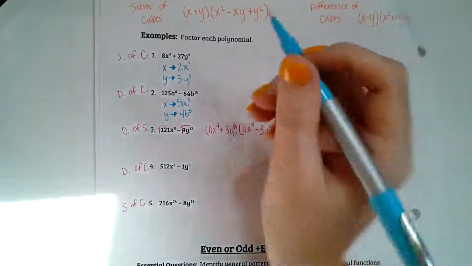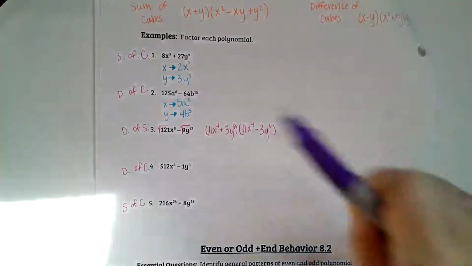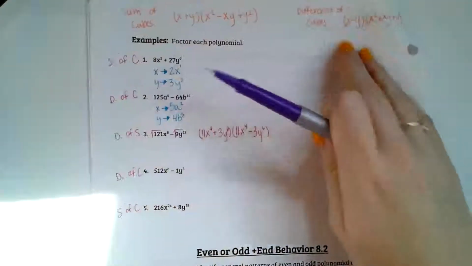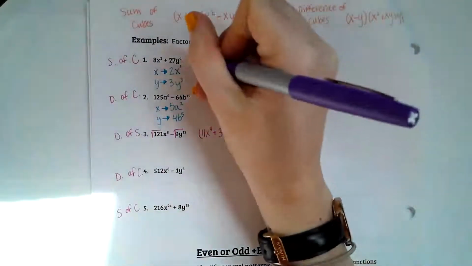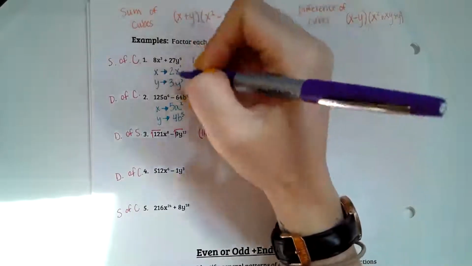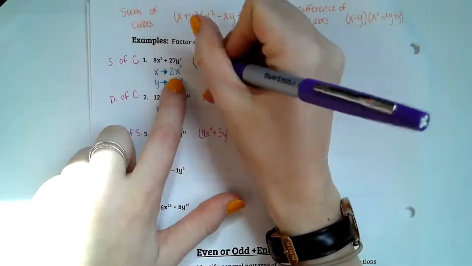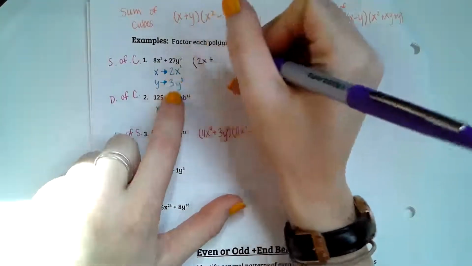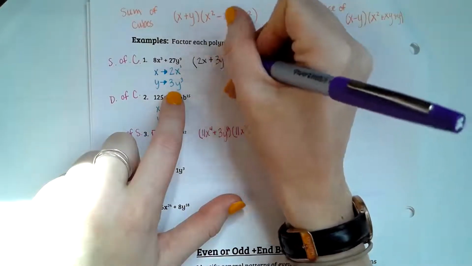So now you plug these into your equation, either your sum of cubes or your difference of cubes. So for a sum of cubes, I've got x plus y. So my x term is this 2x plus my y is 3y cubed.